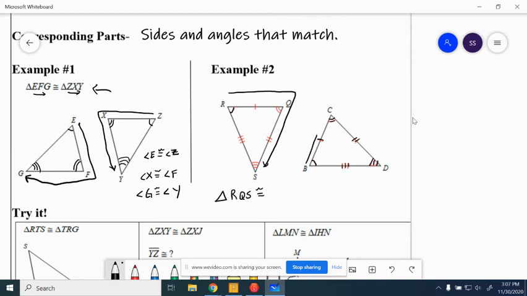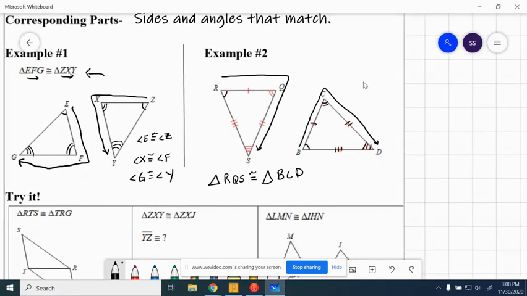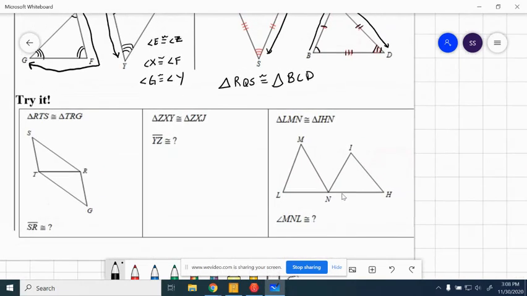It's going to go starting at B over to C and down through D. So triangle RQS is congruent to triangle BCD. Okay. All right, why don't you guys pause the video, give these a shot.